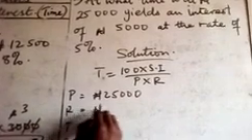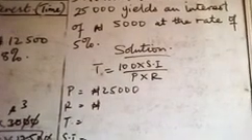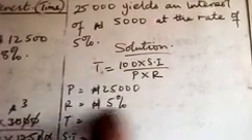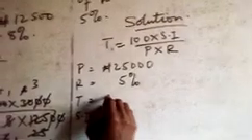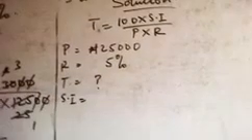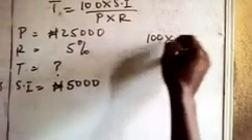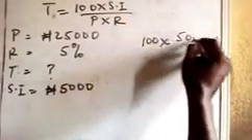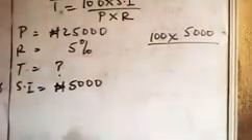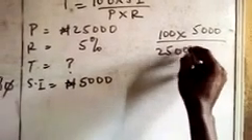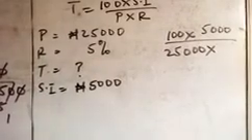Okay, the rate here is 5%. Okay, the time here is unknown. Okay, and the simple interest is ₦5,000. So let's solve this now. Let's apply it. Our formula is 100 times simple interest, 5,000, over the principal, ₦25,000, times the rate, 5%.